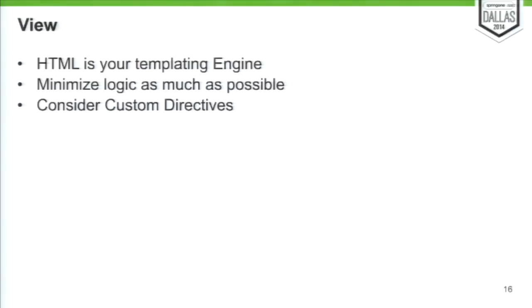AngularJS goes the route of, well, HTML is my markup. Then you sprinkle in what they call directives and expressions that allow you to put out values or display collections of items.